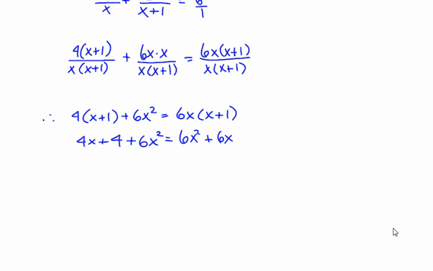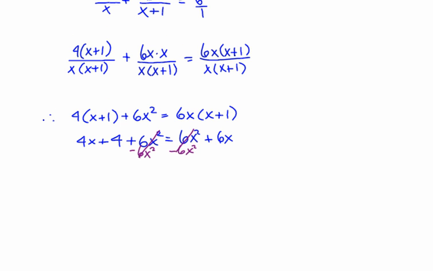Okay, so if I want to bring, say, this 6x squared to this side, what are we going to do? How do I do it? Minus. So what happens with our 6x squareds? They cancel right out, 0.